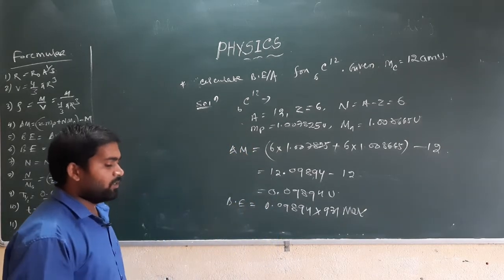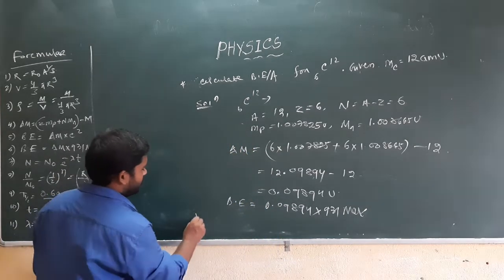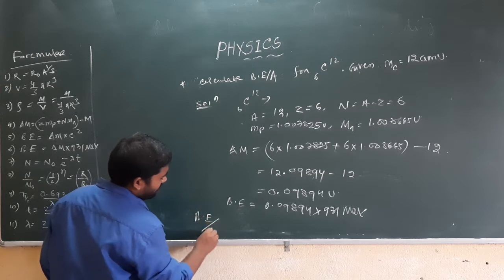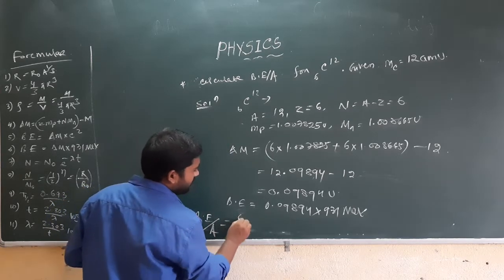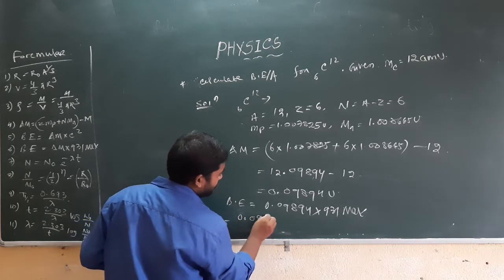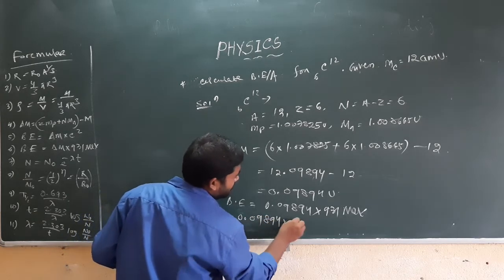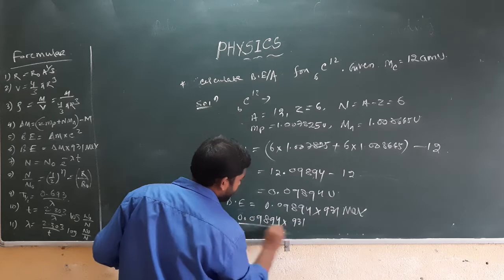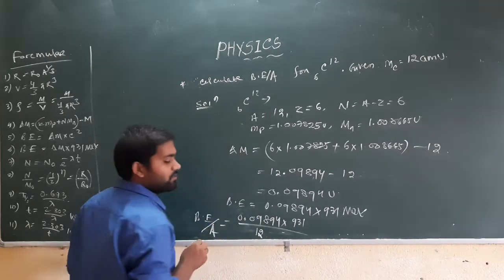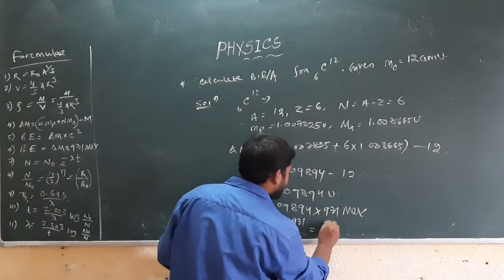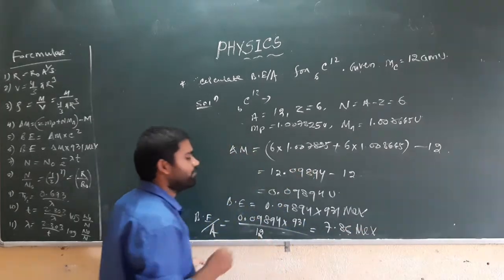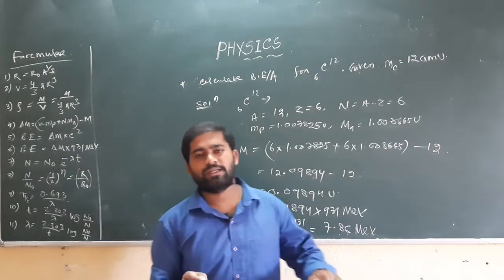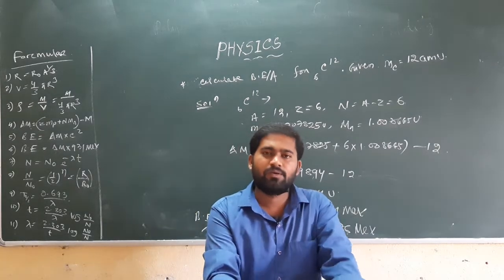For binding energy per nucleon, the nucleon number given is 12, so 0.09894 into 931 divided by 12. The value is around 7.86 MeV. So that will be the binding energy per nucleon.